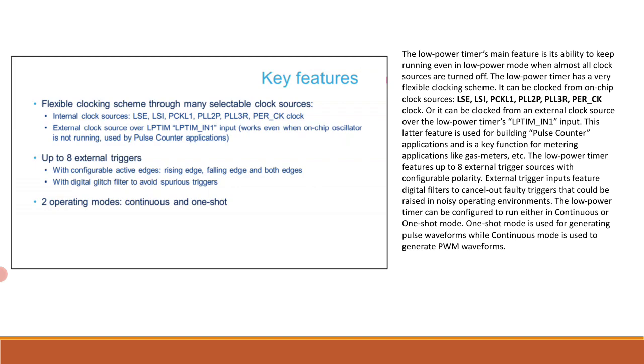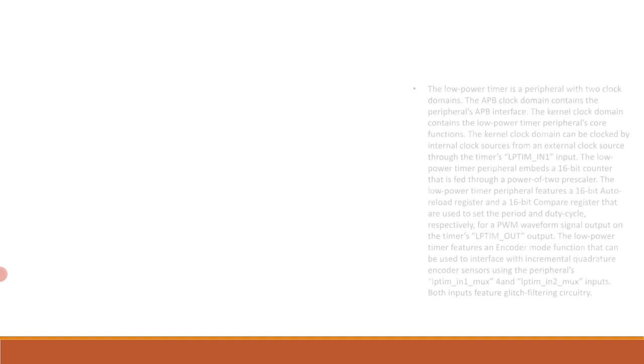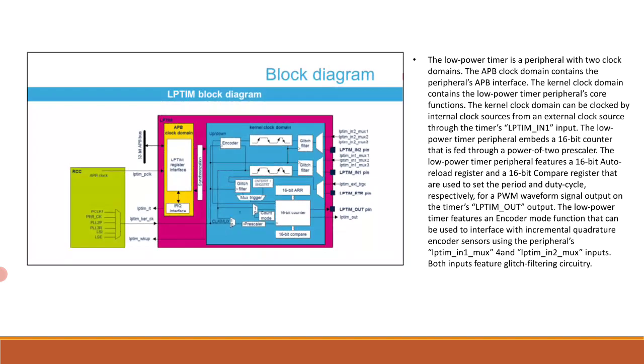Let's have a quick look at the block diagram. LPTIM is a peripheral with 2 clock domains, as you can see in this block diagram. The APB clock domain contains the peripheral's APB interface, on the left you can see.